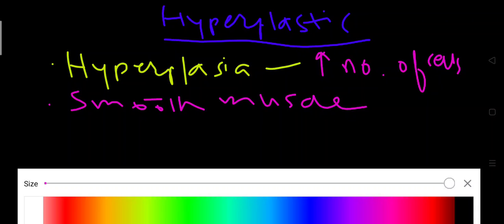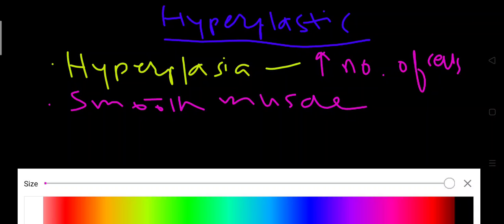And why are these smooth muscles increased? Because they increase as a part of the healing process. When the endothelium of the vessel wall is injured due to some reason, like hypertension, it may be injured because the increased force of blood flow will cause injury.